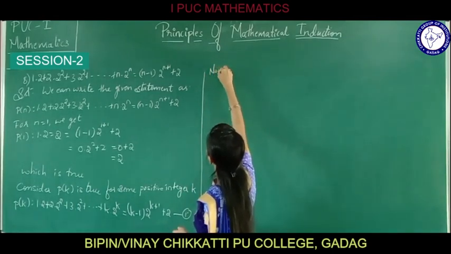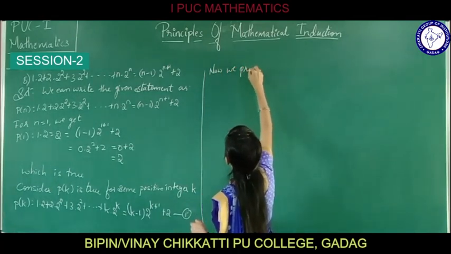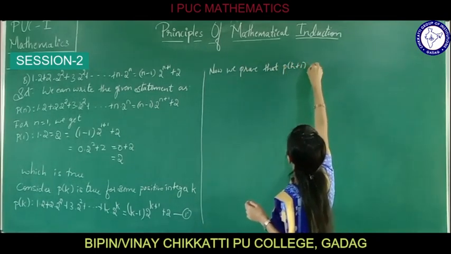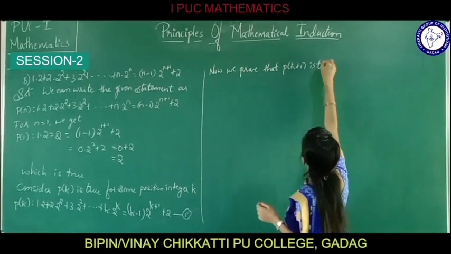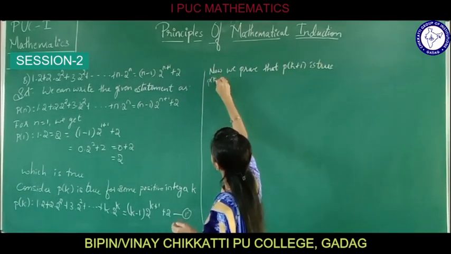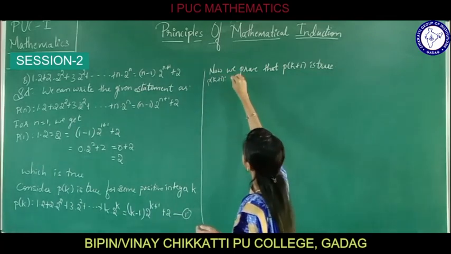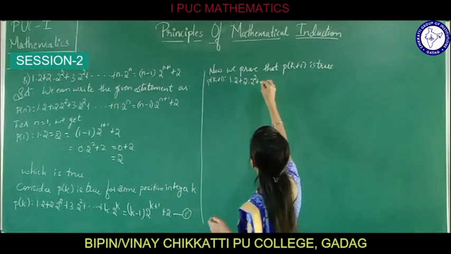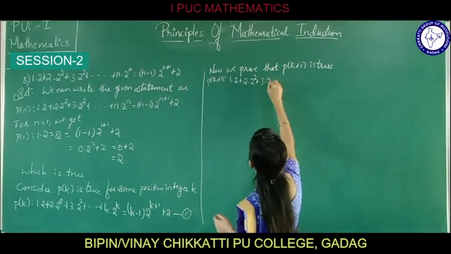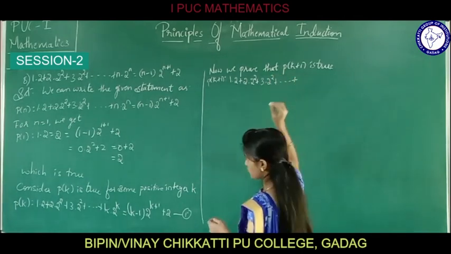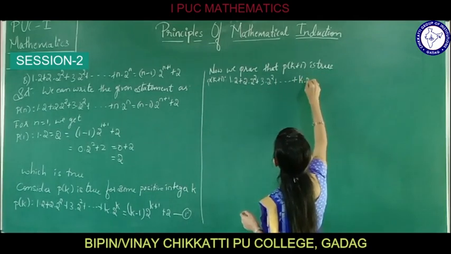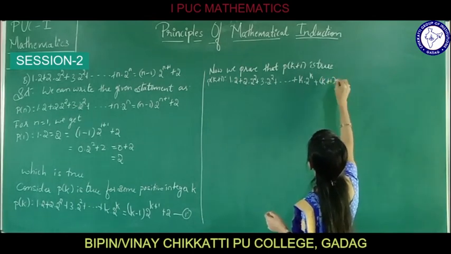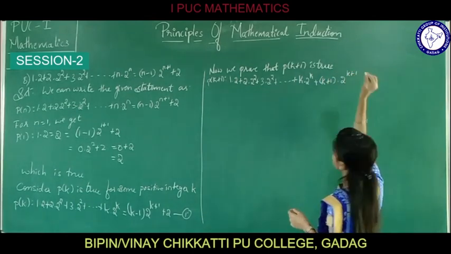Now we prove that P of k plus 1 is true. How are we going to write P of k plus 1? It is written as 1 into 2 plus 2 into 2 square plus 3 into 2 square plus so on up to k into 2 raised to k plus k plus 1 into 2 raised to k plus 1.